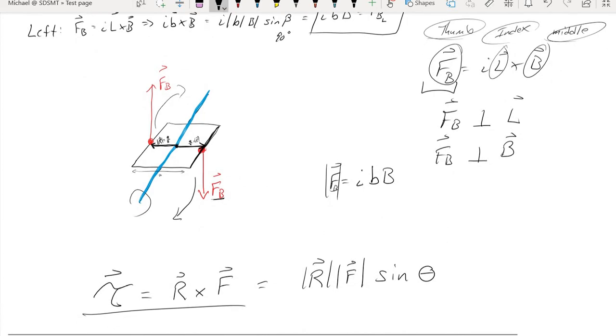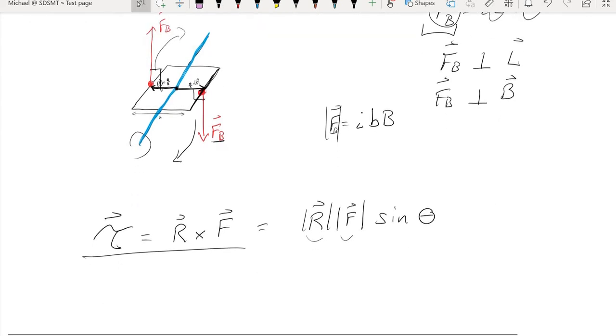What matters is what the angle between the two vectors is. And if you look right now, those are both 90-degree angles. So we're thinking, okay, this is nice. We have RF, sine of 90 is 1, so that's the torque, right? Well, that's what it is right now.